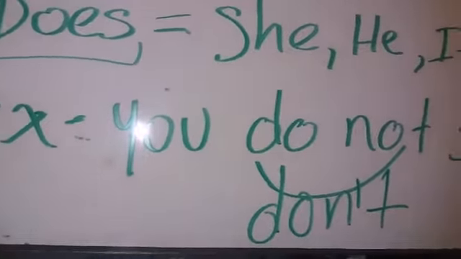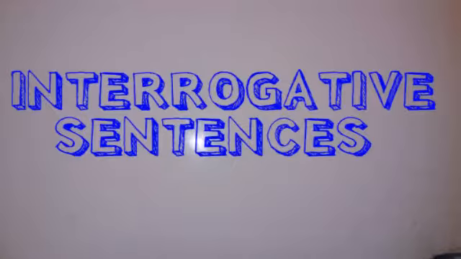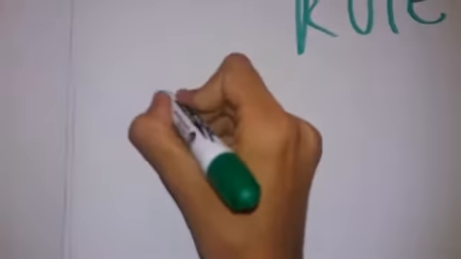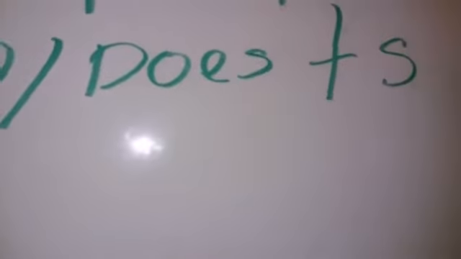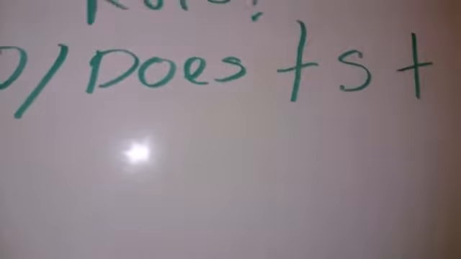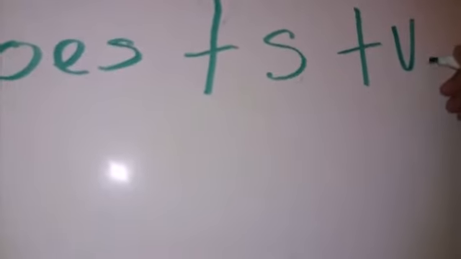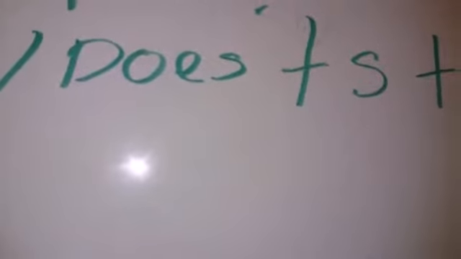Okay guys. Continue with interrogative form or interrogative sentences in present simple. So the rule is very simple. Pay attention, focus. The rule is the auxiliary do or does plus subject plus verb in present. Simple, of course.